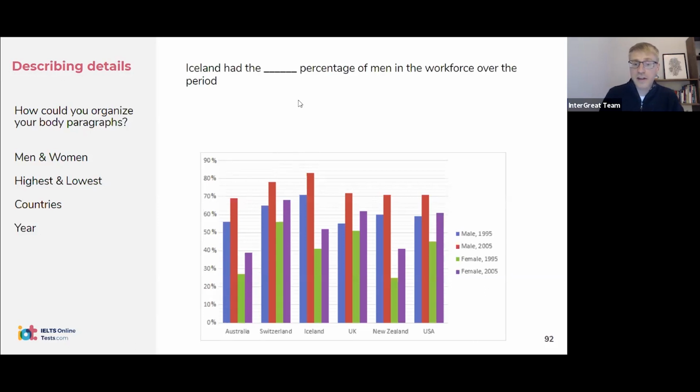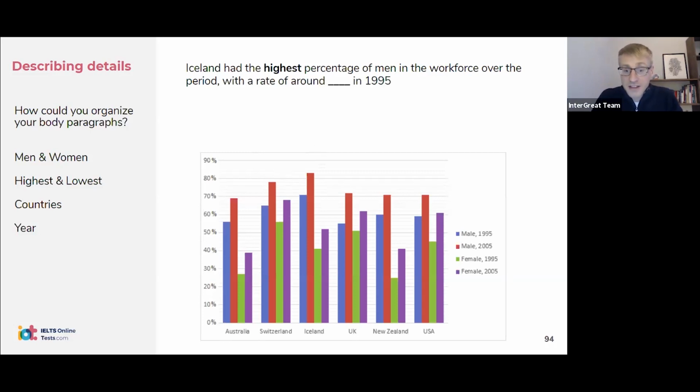Okay. I've not been so fancy here. I've just gone straight in. Iceland had the something percentage of men in the workforce over the period. What's the missing word there? It had the highest percentage of men, exactly, in the workforce over the period.